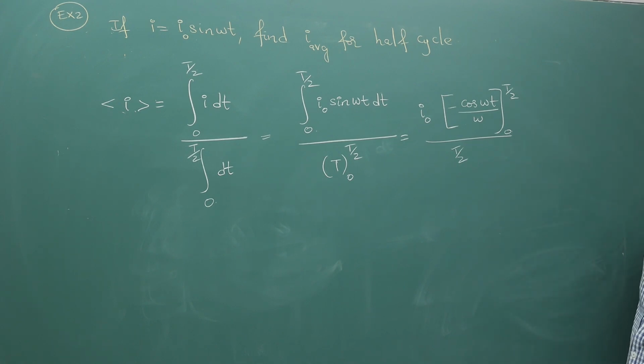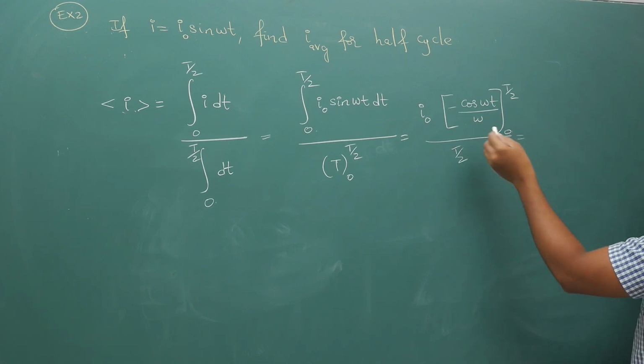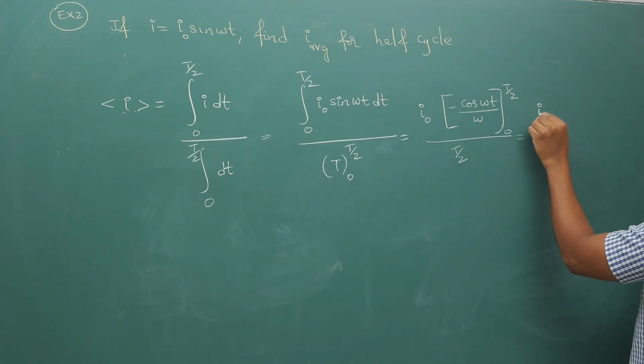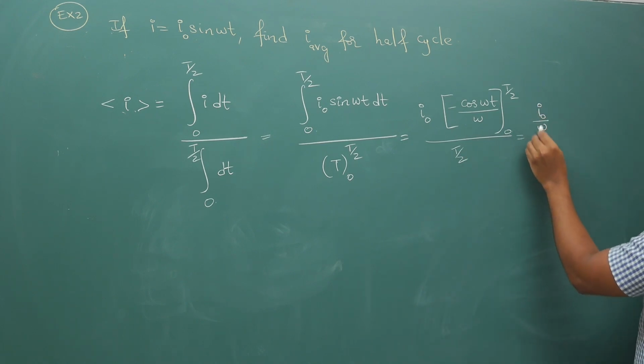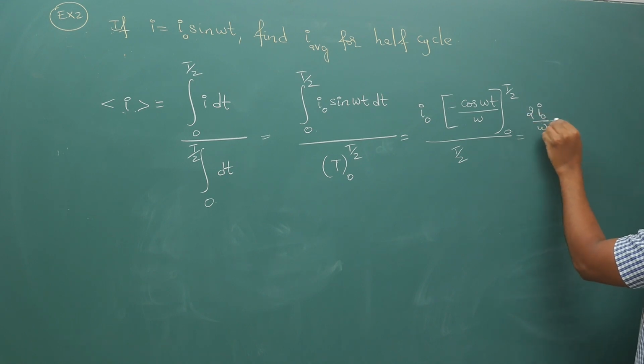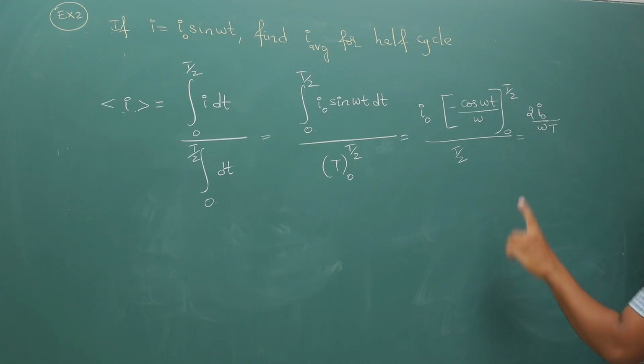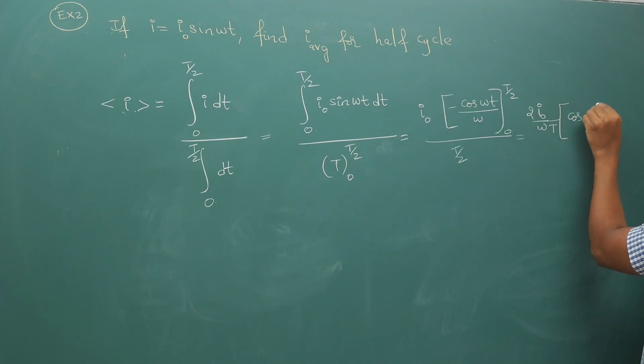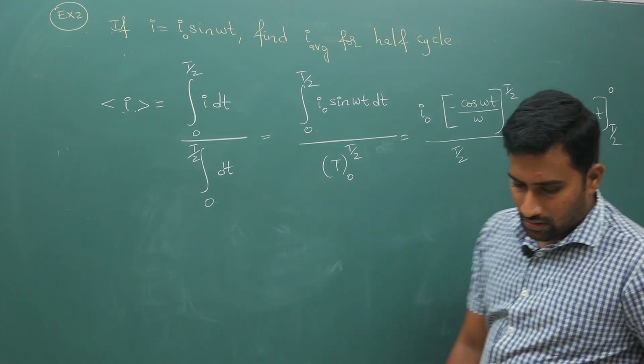This value, just now we have seen, is 2 by omega I suppose. I just forgot the result, but you must remember this. So this will become 2 I naught by omega into T. Rearranging the terms and interchanging the limits, that will become cos omega t, 0 on the top, T by 2 on the bottom.